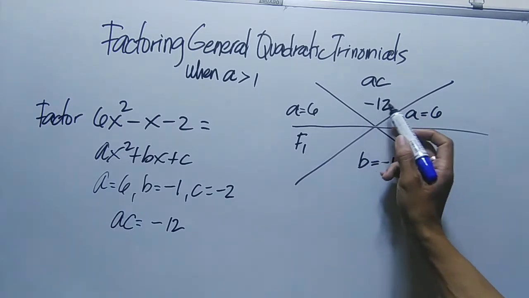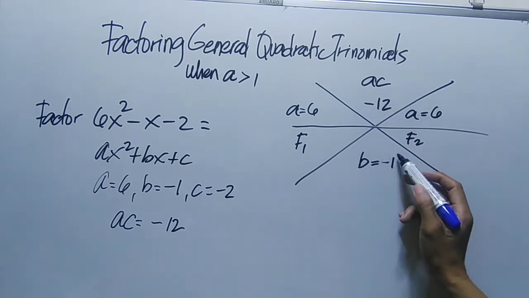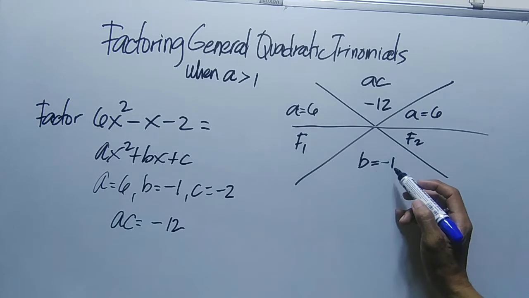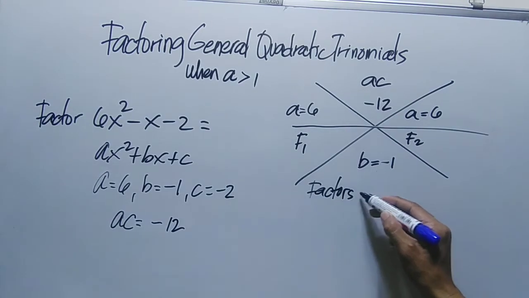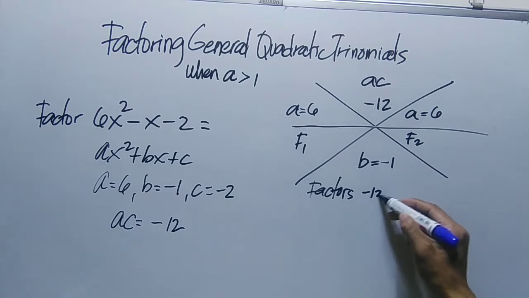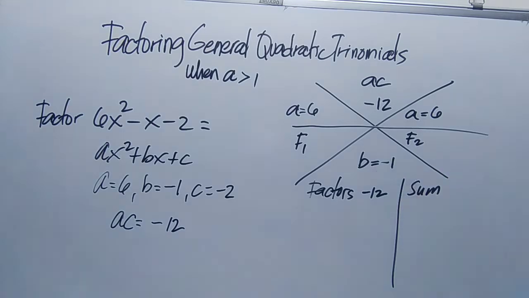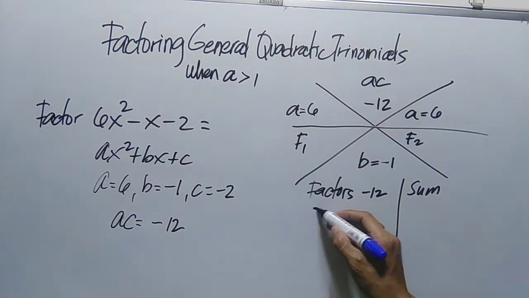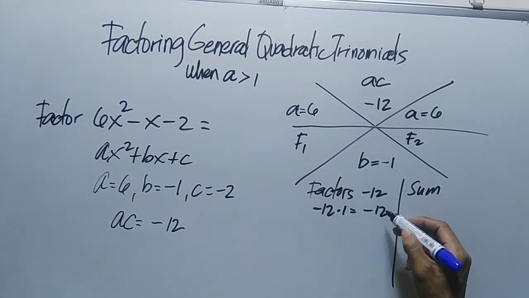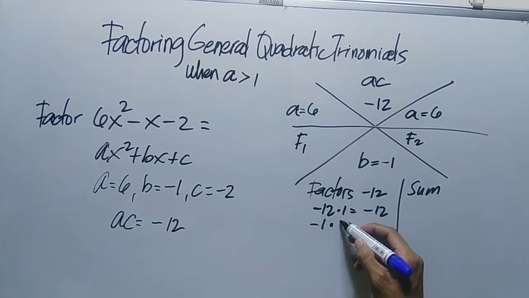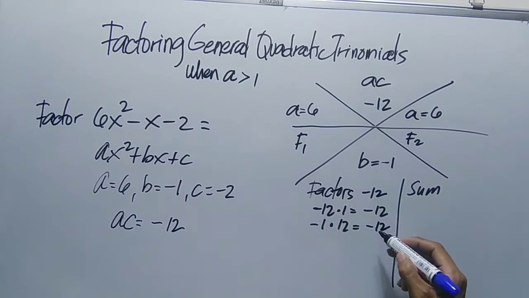Okay, dapat yung factor natin, ang product niya ay negative 12, yung sum niya ay negative 1. So what are the possible factors of negative 12? Negative 12 times 1, that is equal to negative 12. Negative 1 times 12, that is equal to negative 12 pa rin yan.